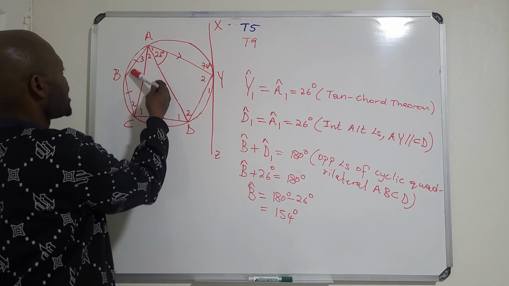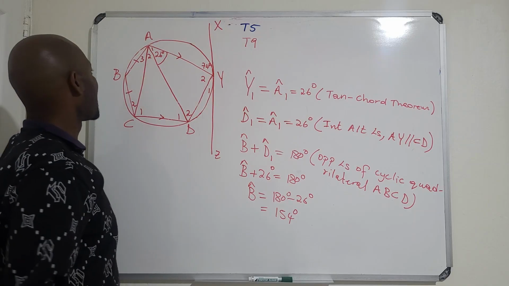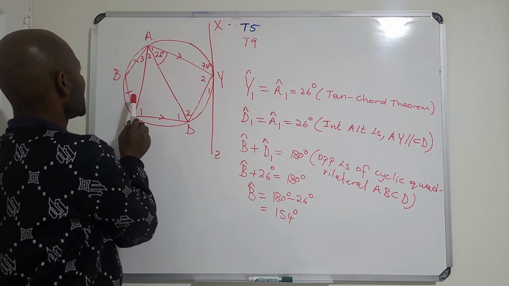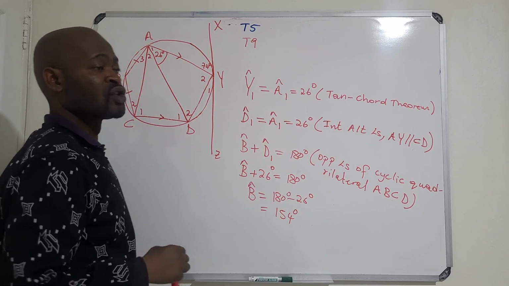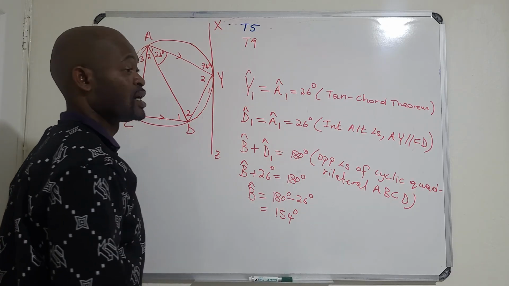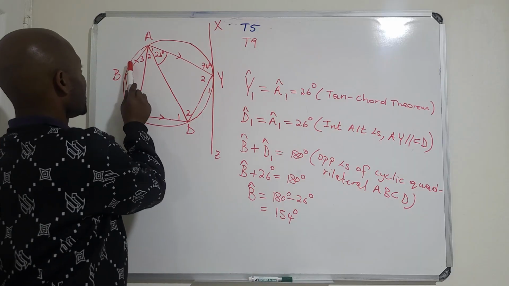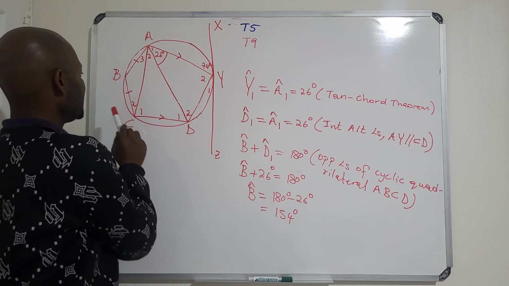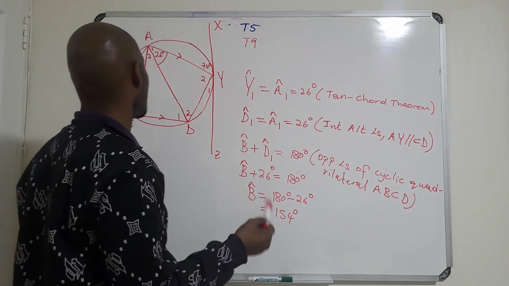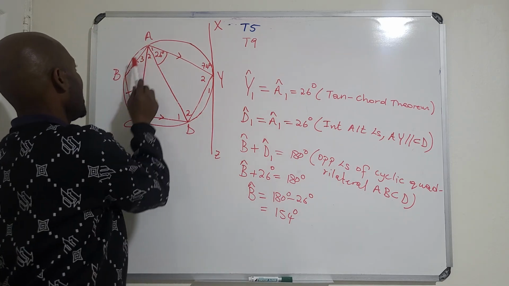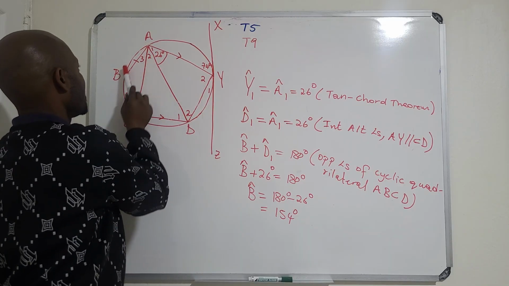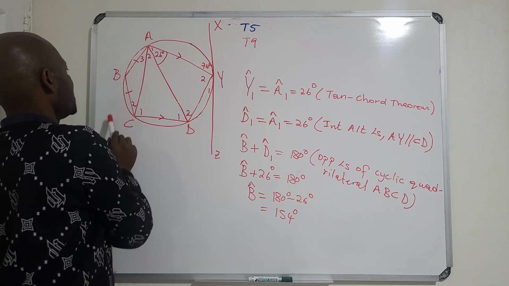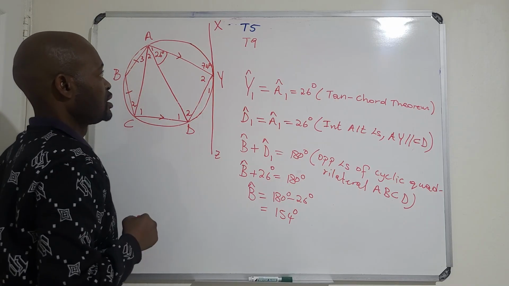We do have this angle there, which is angle B. Therefore, we can find this angle plus that angle to be equal to 180 degrees. But we know that this angle is equal to this angle, since triangle ABC is an isosceles triangle, since AB is equal to BC.